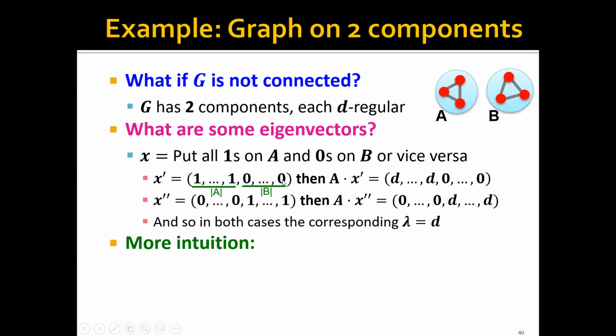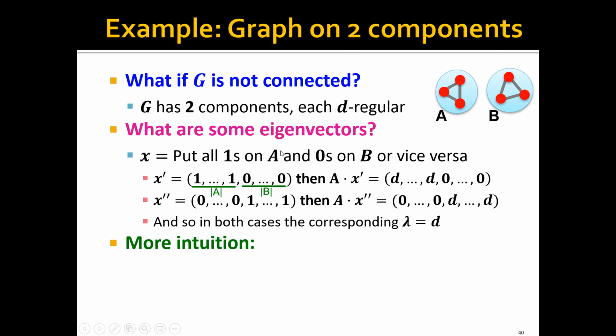Then we can calculate A times X. Interestingly, similar to the previous case, A times X is the concatenation of two vectors. One of the vectors is a vector of all Ds, and the other vector is a vector of all zeros.